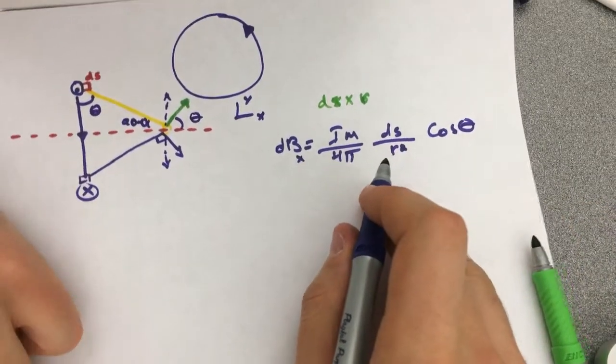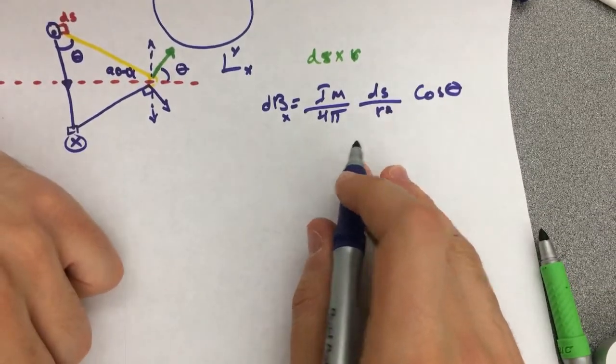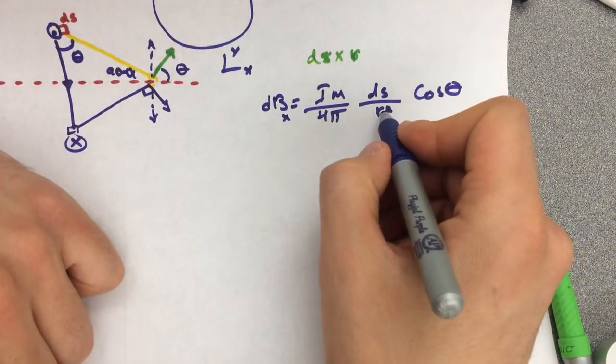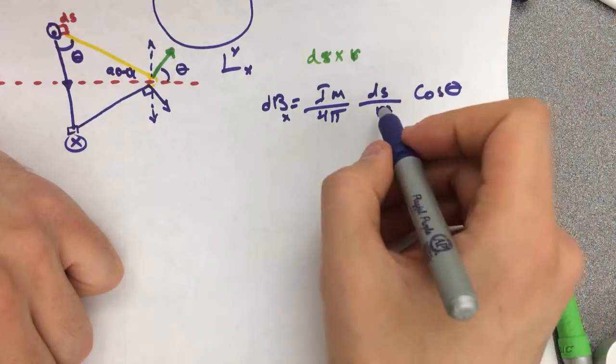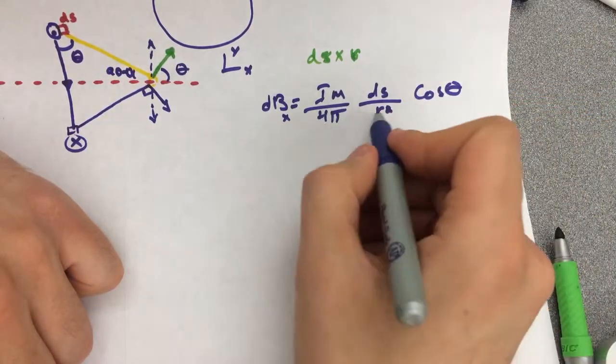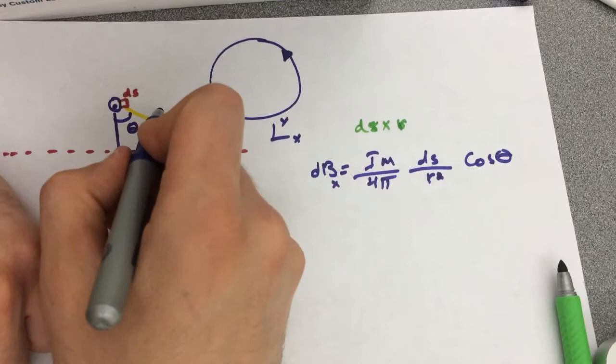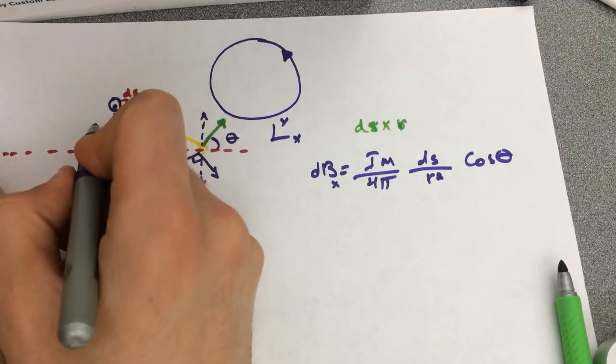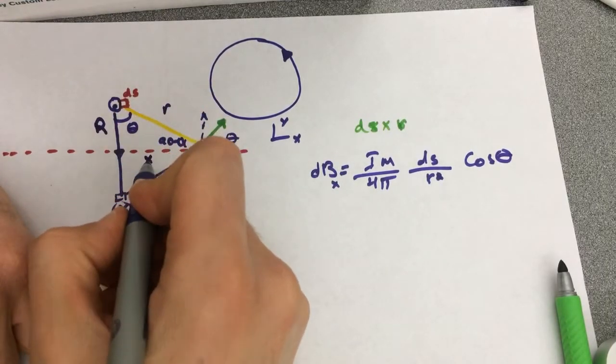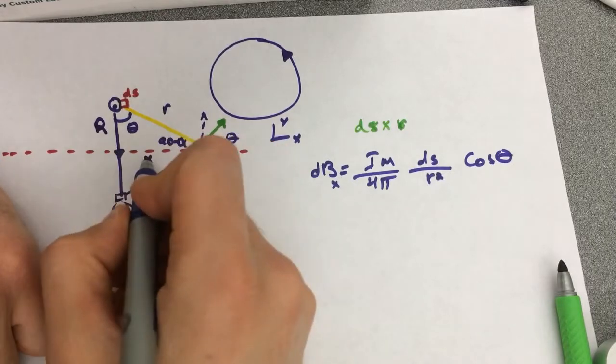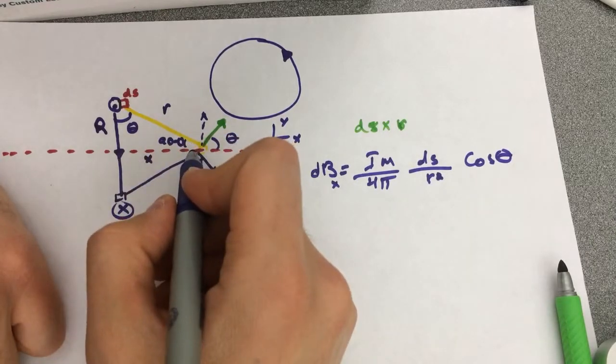So let's change these to other variables. If we say that this is r, this is a big R, and this is the x-axis, I'll call this x because it's changing.